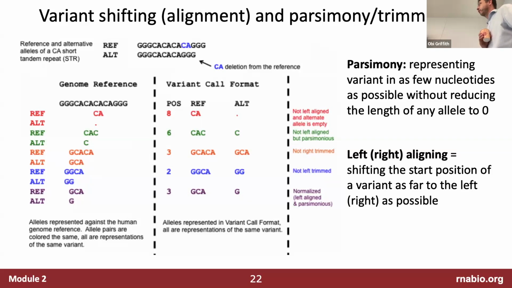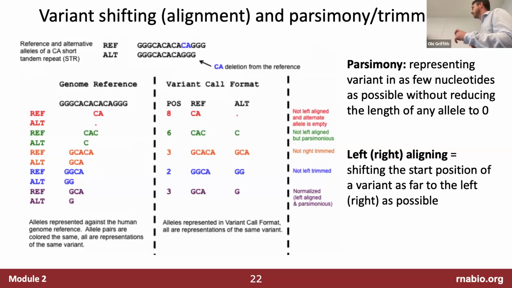So the question is, with this depiction of different variant representations, is parsimony taking priority over alignment? I think what this slide is trying to convey is that you should do both: left align and trim to have both an aligned and most parsimonious representation as possible.